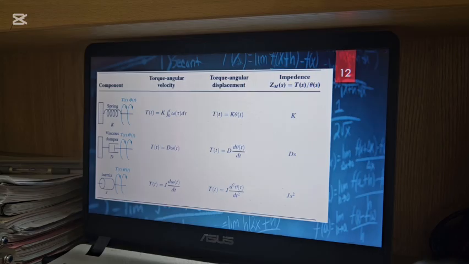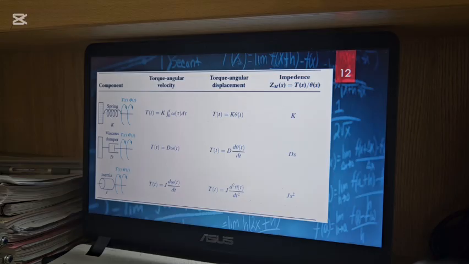The torque-angular displacement T(t) equal K theta(t), and the impedance is K, as is well known for the spring. For the viscous damper, we have T(t) equal D omega(t), but the torque-angular displacement for the viscous damper is D d theta(t) over dt, and the well-known impedance is Ds, which is the damper.